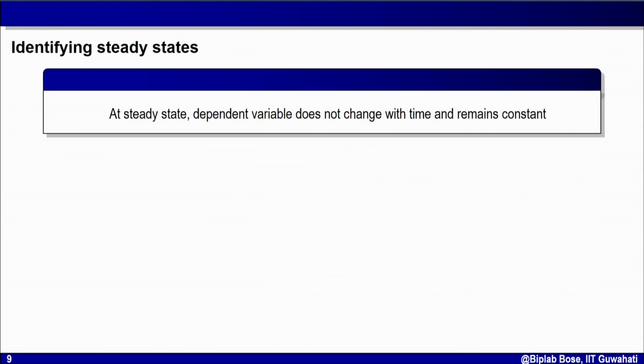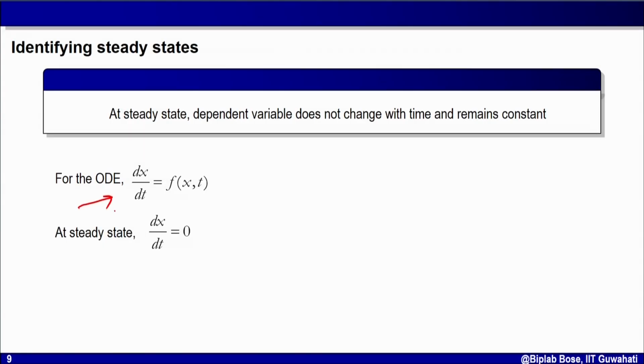These are steady state because the dependent variable x is not changing with time and is constant for these values. If you are at those values, the system will not change with time, it will stay there. So that's why these two values are called steady state. So by mathematical definition, if I have an ODE which is dx dt is equal to a function of x and t, generalized way I have written, then the steady state is where dx dt is equal to 0.